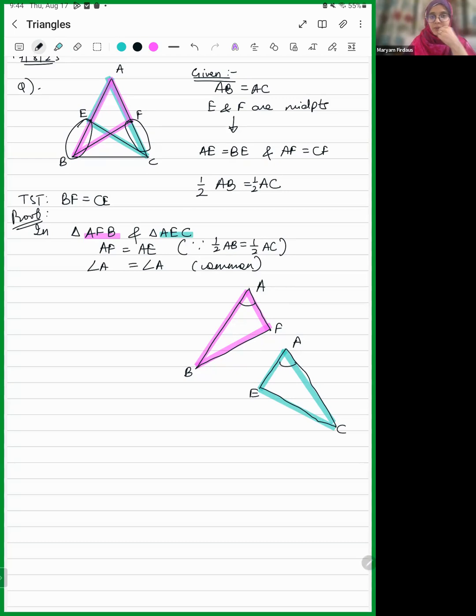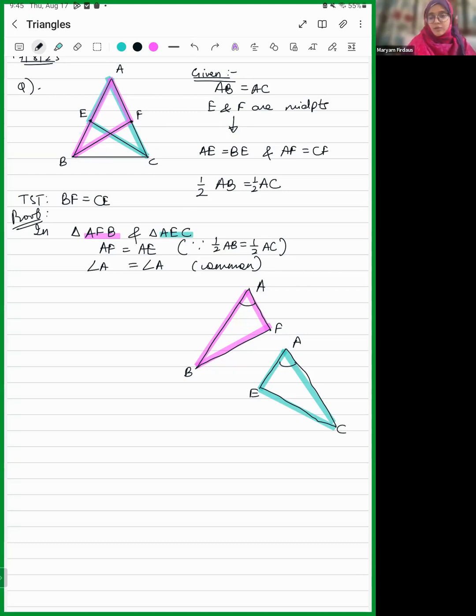Yeah, it's given that it's an isosceles triangle, so the angles will be equal. But which angles will be equal? This angle B and angle C will be equal, right? Yes. But how can we use that? Can we use that somewhere? Yeah, because both of them are bisected by the medians BF and CE.